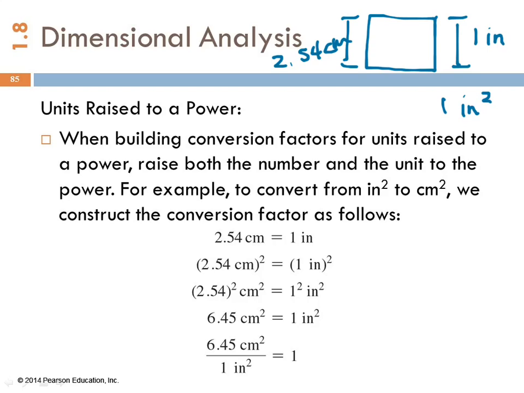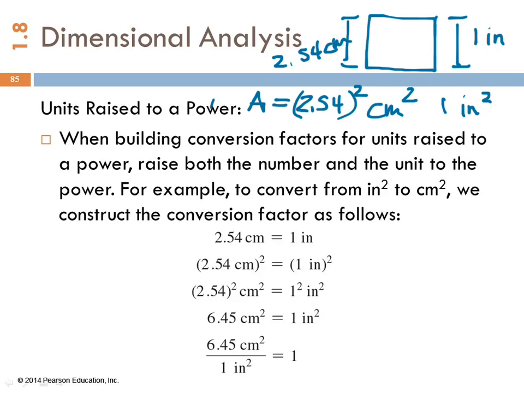So if this is a square, it's not quite a square, we're pretending it's a square, 2.54 centimeters, then the area is going to be 2.54 square centimeters. Right? Because it's 2.54 centimeters times 2.54 centimeters.